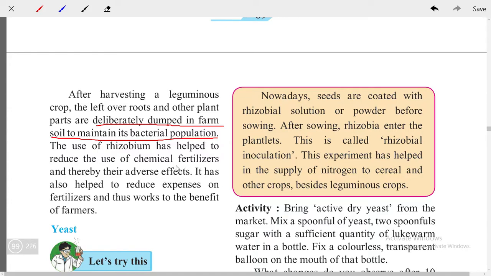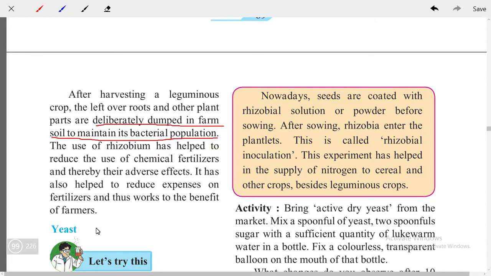And chemical fertilizer has an adverse effect on the human body and other living organisms, and this adverse effect can be reduced by rhizobia if the farmer uses them.